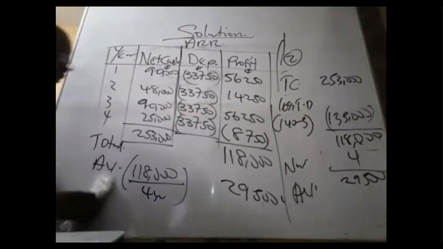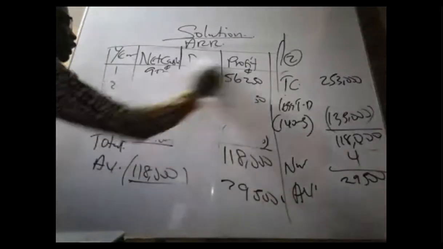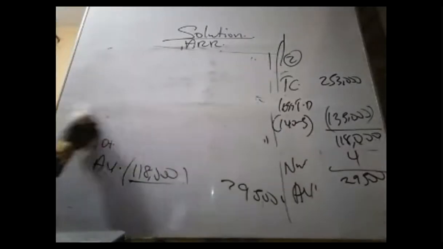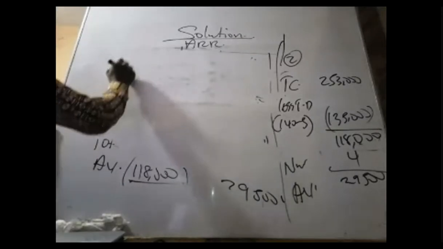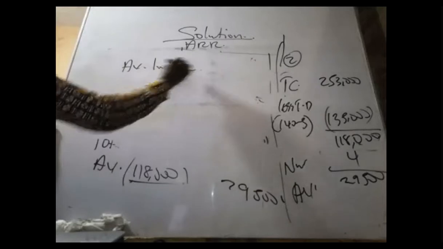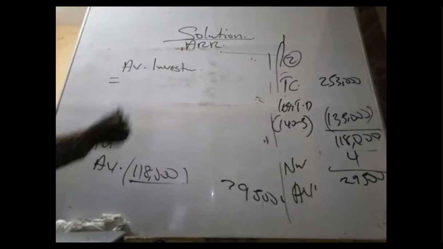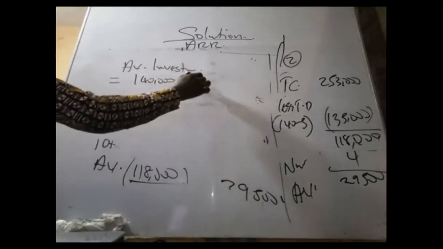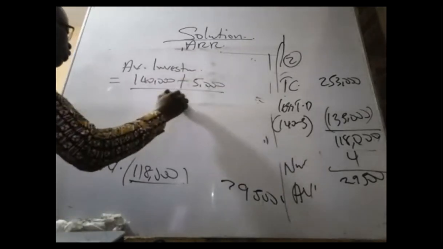Okay, so what we do is this. Sorry. Let me continue from this section. So the next item that we have to calculate is what? The average investment. So average investment, examiner, is equal to the initial investment, which is 140,000, plus the scrap value, 5,000, divided by 2.